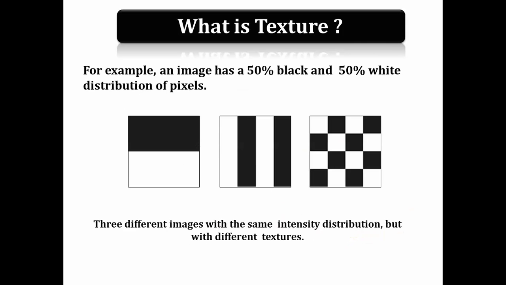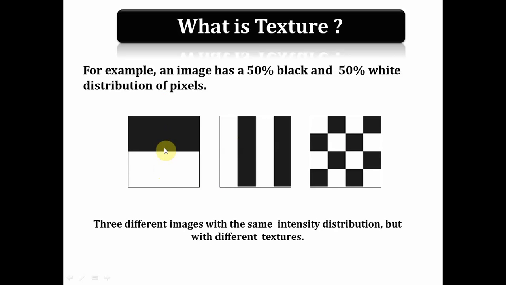Okay. Now, in this example, if you look at three types of images, you will find they are made up of black pixels and white pixels. There is a different kind of placement of black pixels and white pixels in the three types of images.